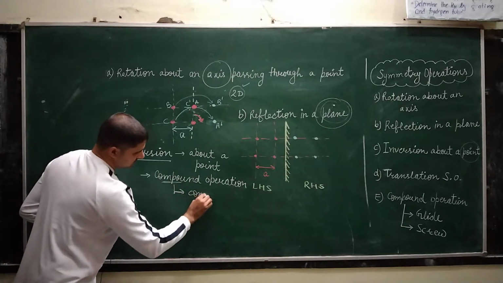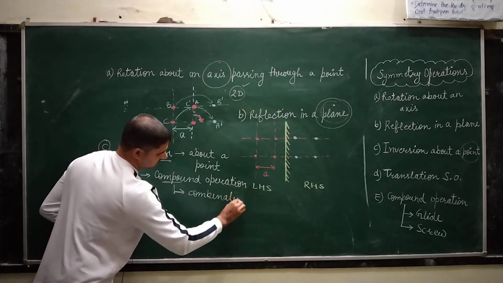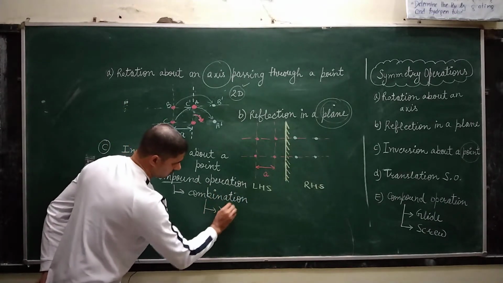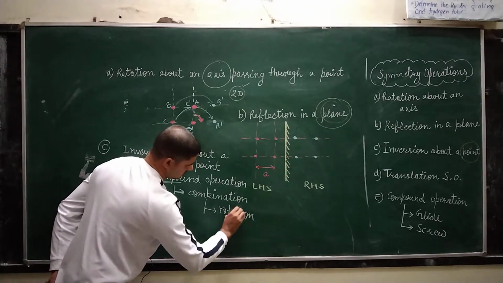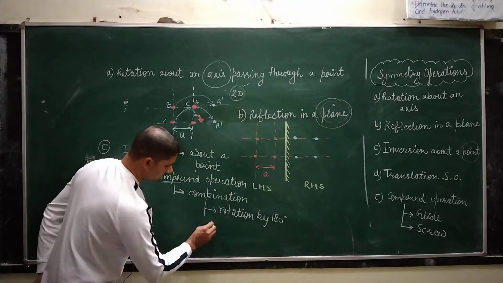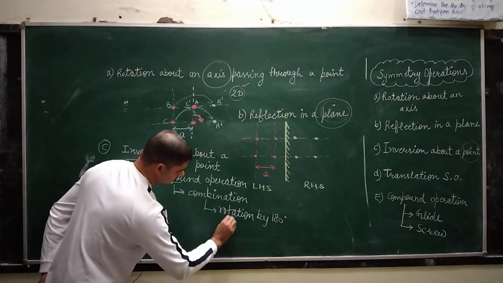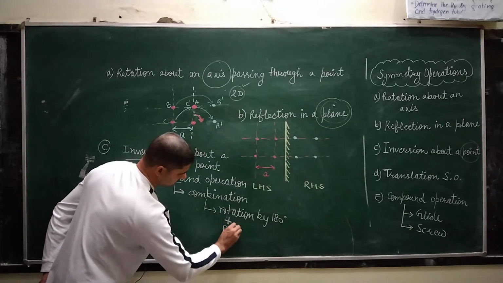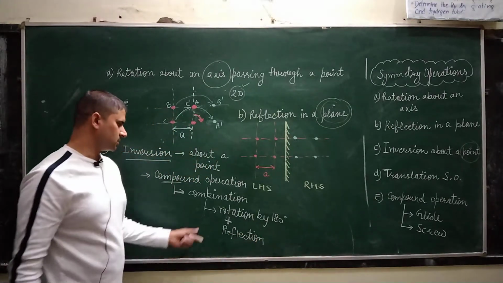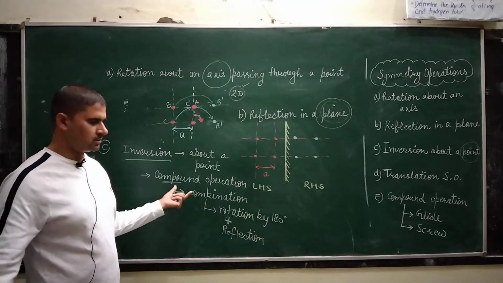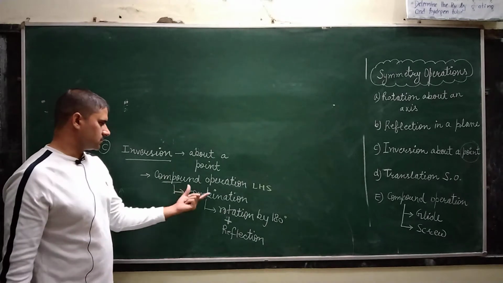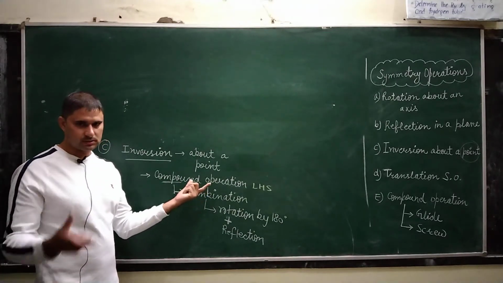Here this is basically a combination of operations: a rotation by 180 degrees, plus a reflection. Okay class, so this is a compound operation. Now we will see this compound operation step by step.